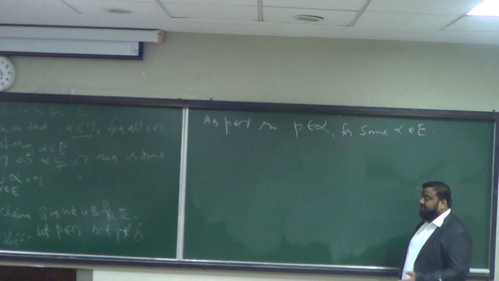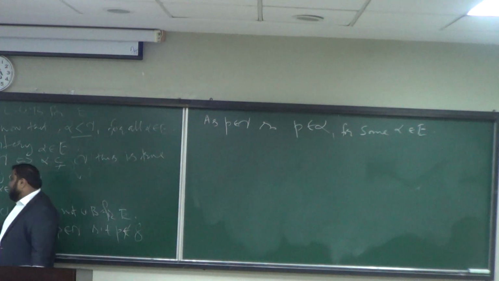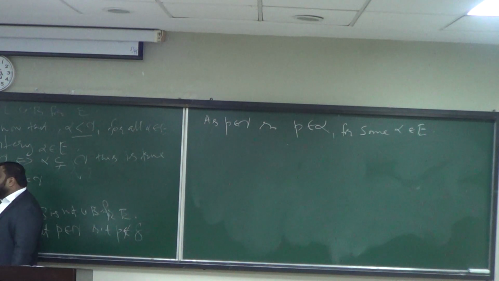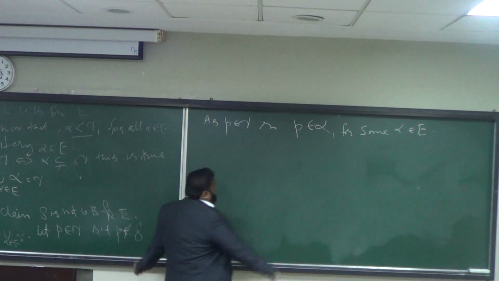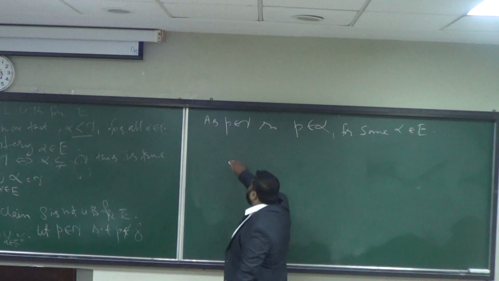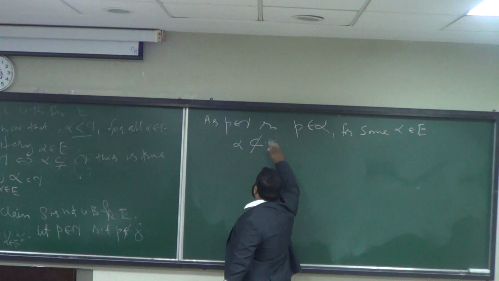Again, we are saying we need to show that something smaller than gamma is not an upper bound. And if something is not an upper bound, what do you need to show? We need to show that there is an element in the ordered set which is not satisfying this relationship, which is not smaller than delta. So if P is not in delta and P is in alpha, then alpha is not contained in delta, obviously.